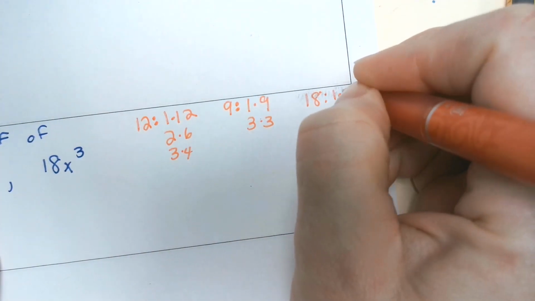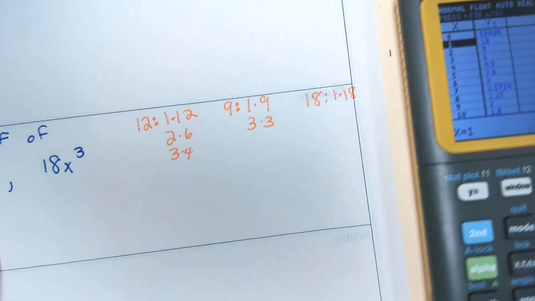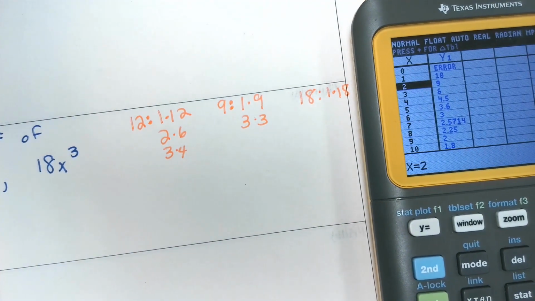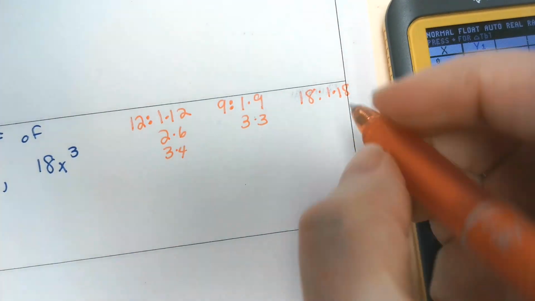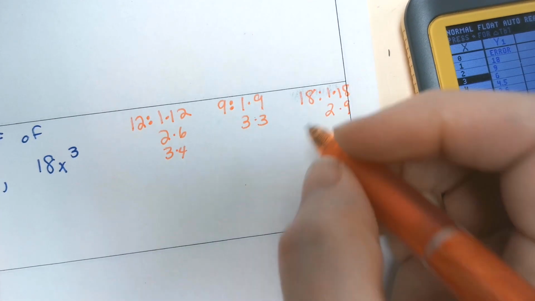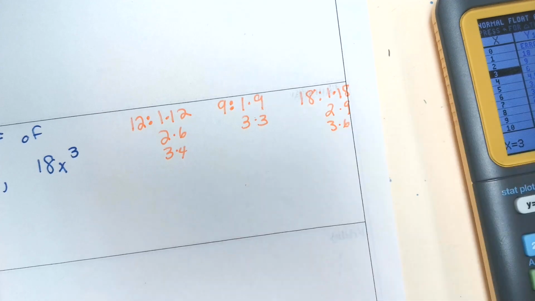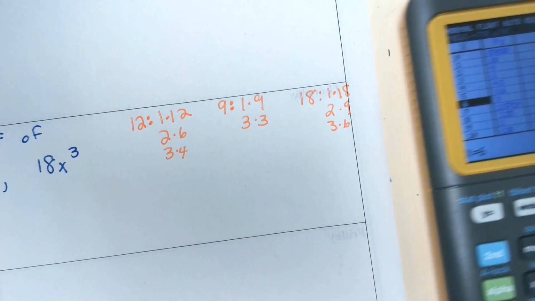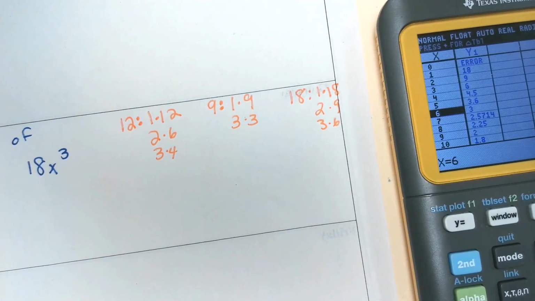So 1 times 18. Then go down the line. 2 times 9. 3 times 6. Then it's 6 times 3. So we know we're done.